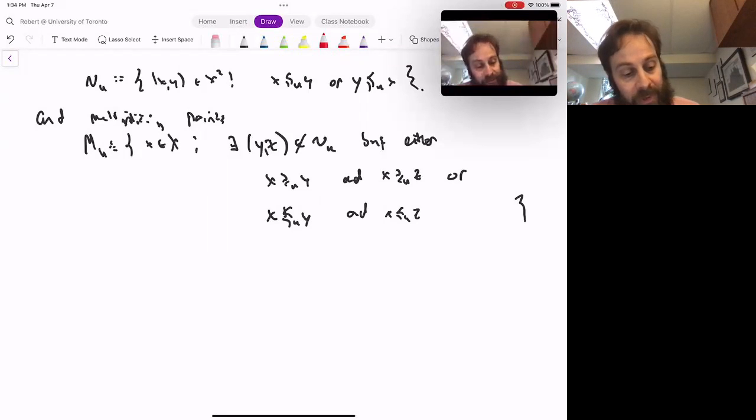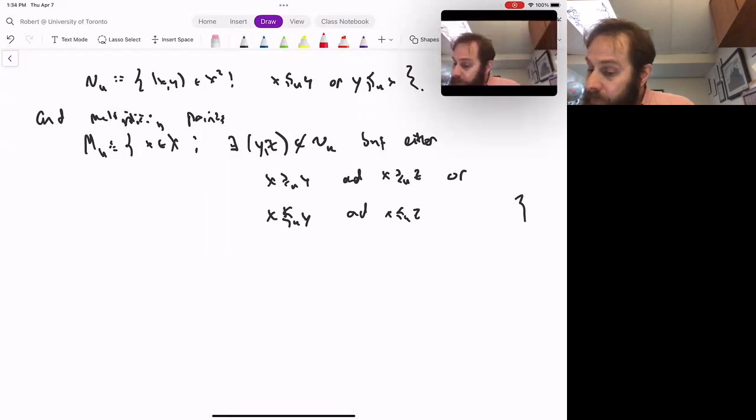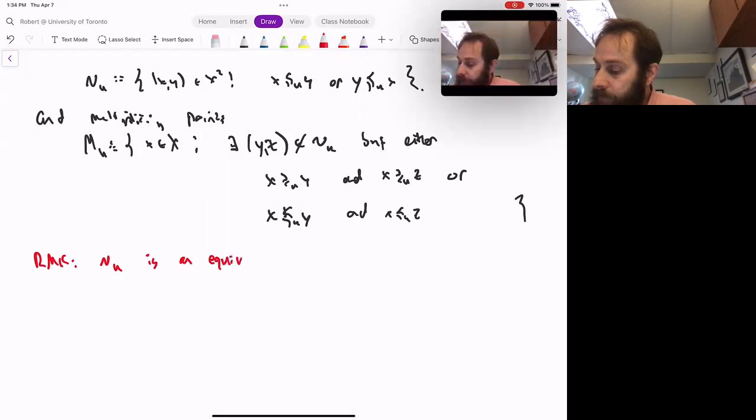We showed that tilde u is an equivalence relation on X_u, which is all of X that doesn't have multiplicity.